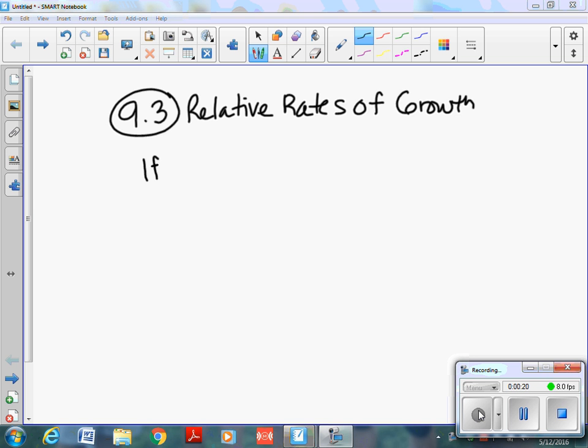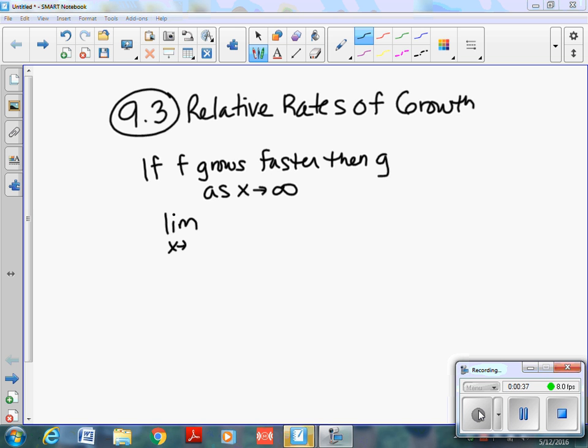If F grows faster than G as X approaches infinity, the limit as X approaches infinity of F of X over G of X is going to equal infinity.